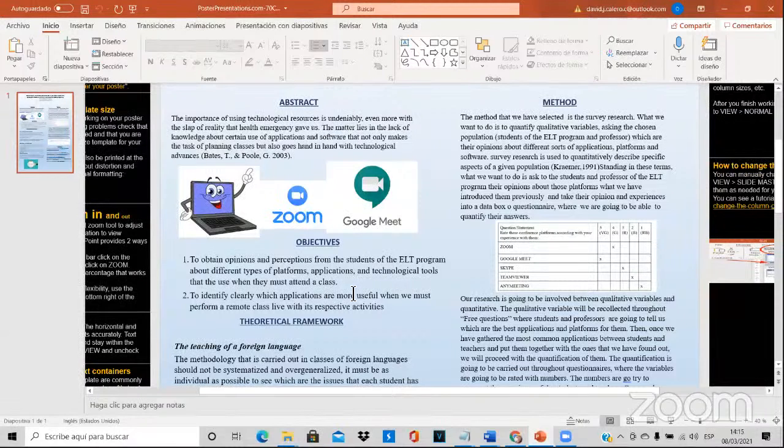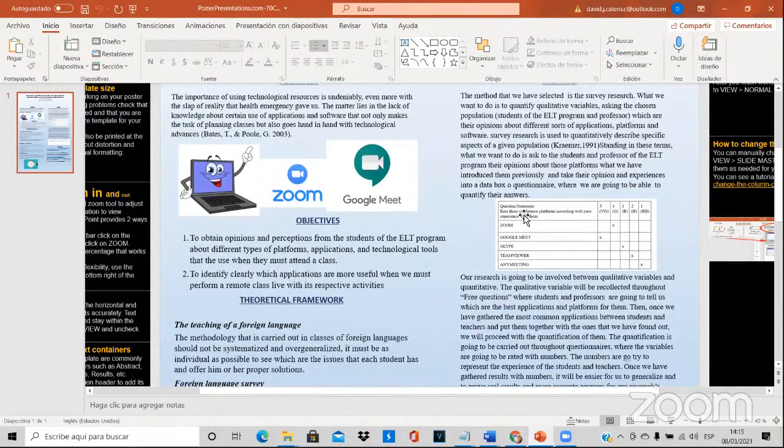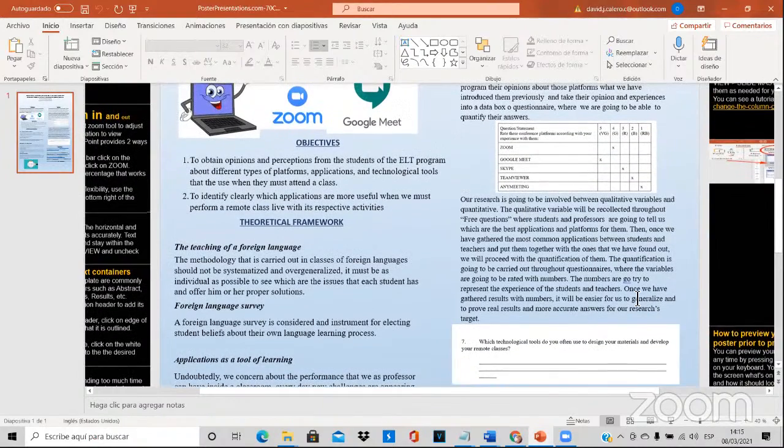What we did was a questionnaire where we are supposed to quantify different variables, and with that result we pretend to have an answer. And also we prepared different questions, free or open questions, where students and professors can tell us their different perspectives of any application and comment on it.